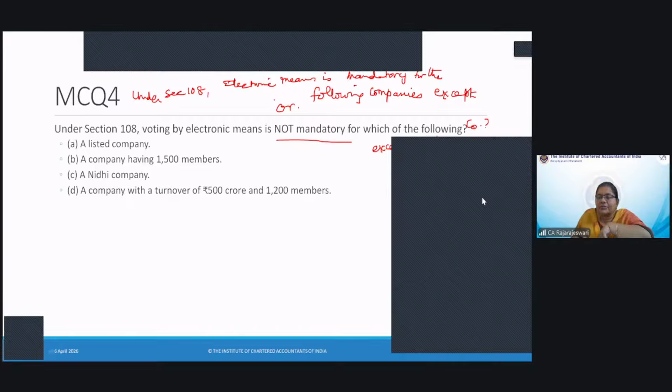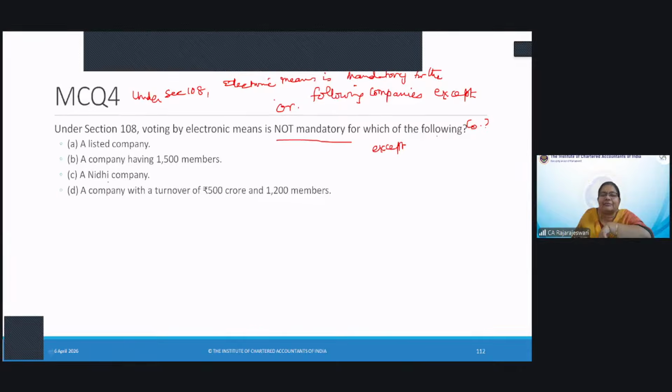So many have come out with the correct answer because it is not applicable to a Nidhi company. What is the rule for a listed company? If the shareholders are not less than 1,000 members, it is mandatory.